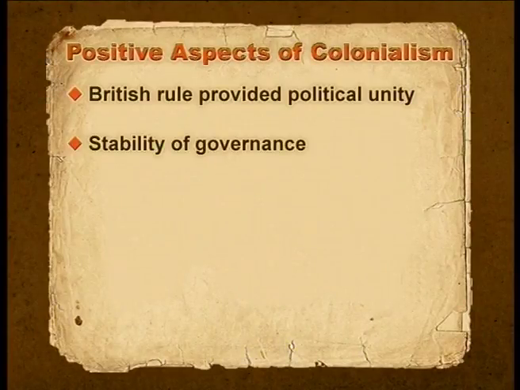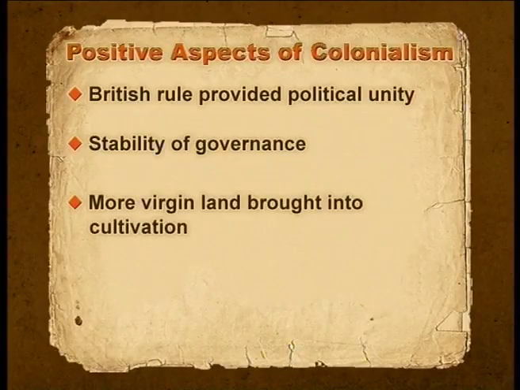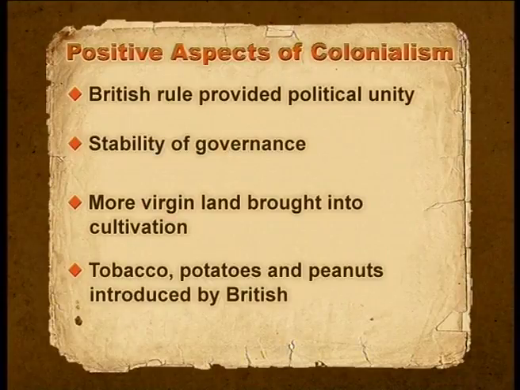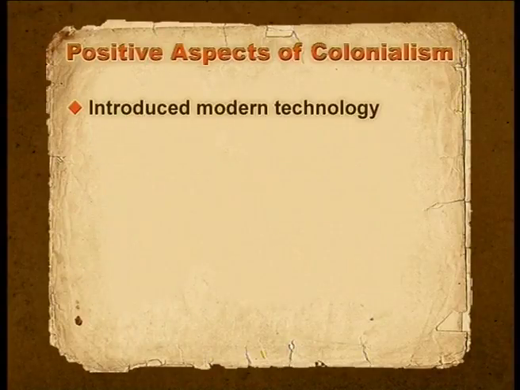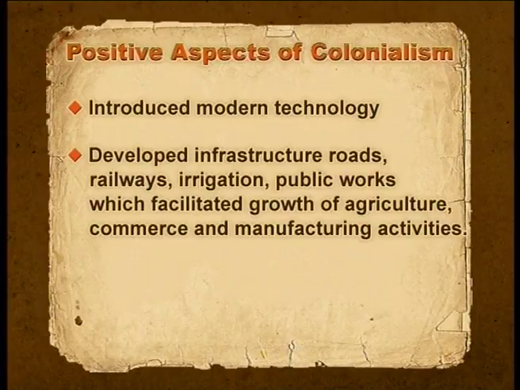They gave stable governance, and more virgin land was brought under cultivation. Many goods, especially tobacco, potatoes, peanuts were introduced by the British, and they always introduced modern technology into our economy. They developed infrastructure, roads, railways, irrigation, public works. In other words, they helped us in the process of economic development. So, that is their point of view.